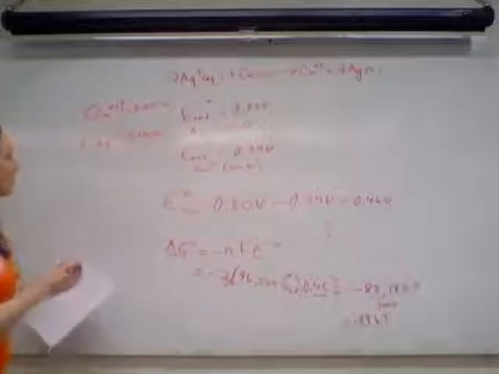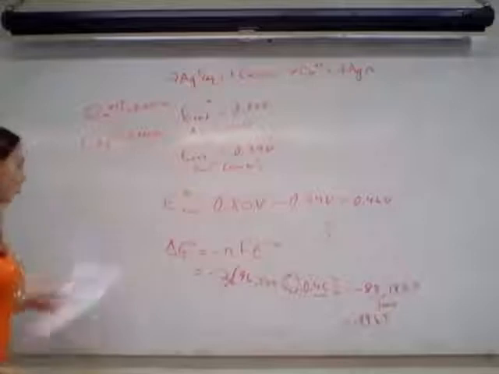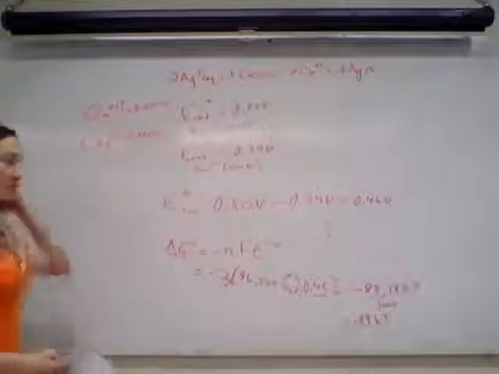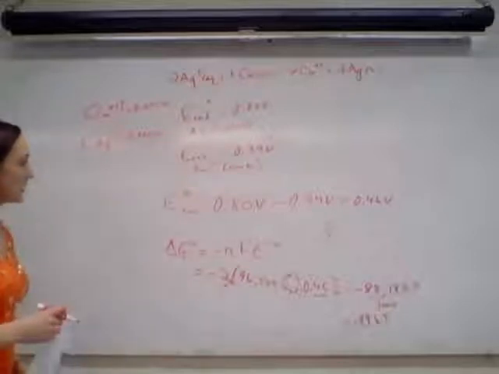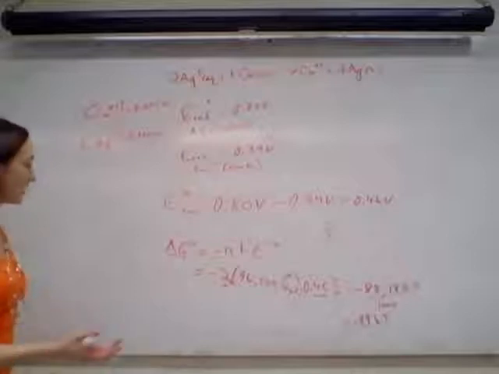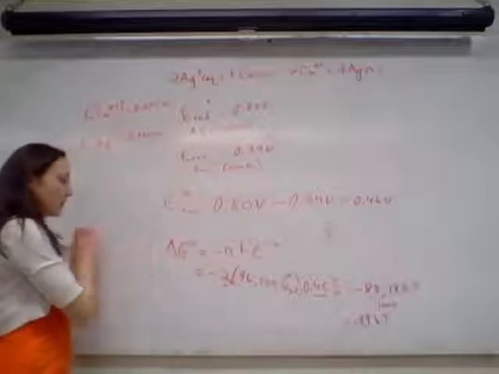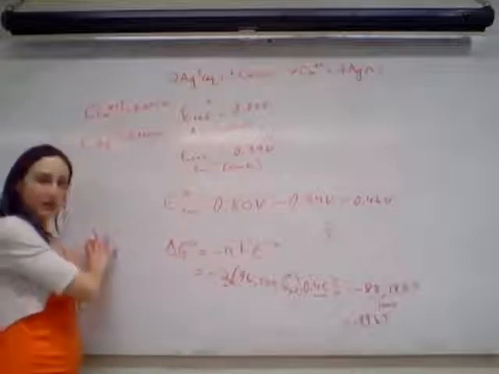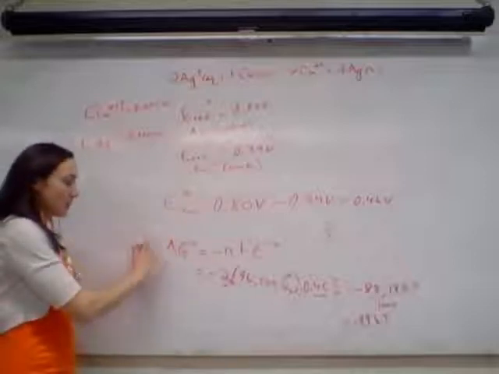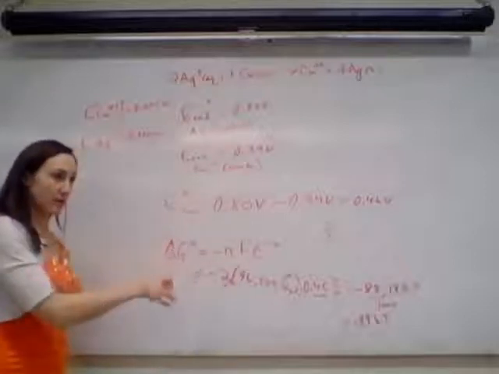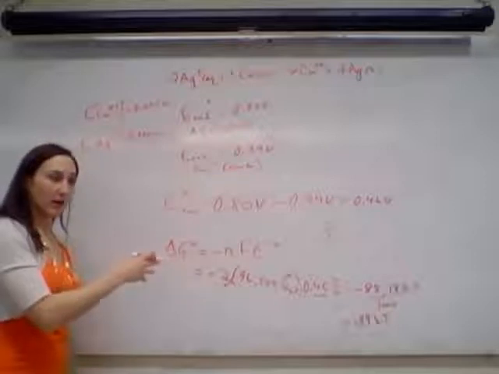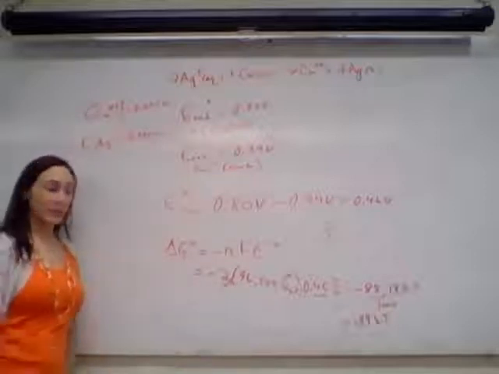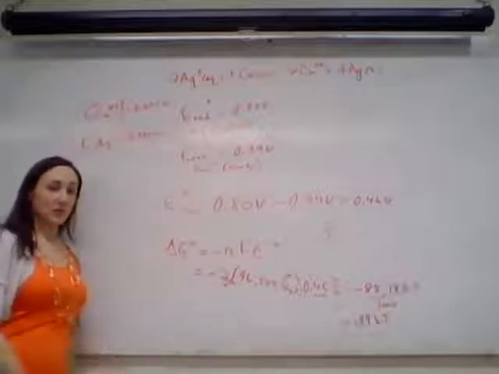Okay, so we're going to be using the Nernst equation if we have non-standard conditions. And the Nernst equation is, well, if we take what we know about the delta G non-standard and how it's equal to delta G standard plus RT times the log of Q, that's what we saw in the thermodynamics unit.